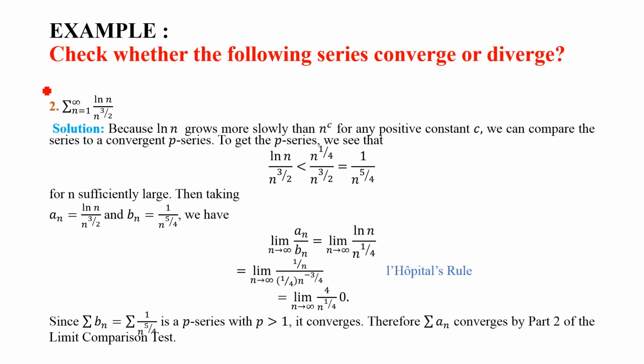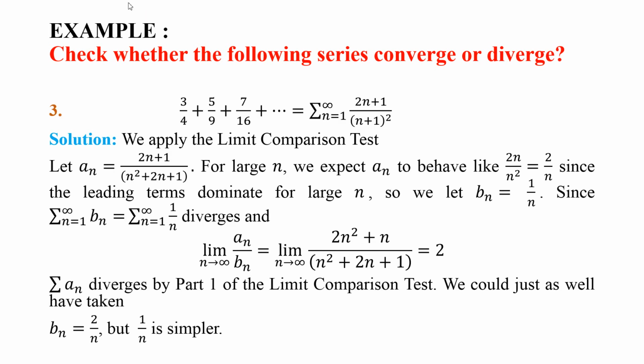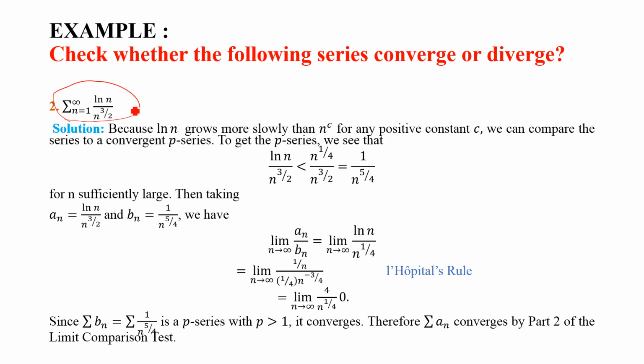Now next we have this series, log of n over n to the power 3 by 2. In this series, we can see that its denominator is n to the power something, and in the numerator we have the natural log of n.